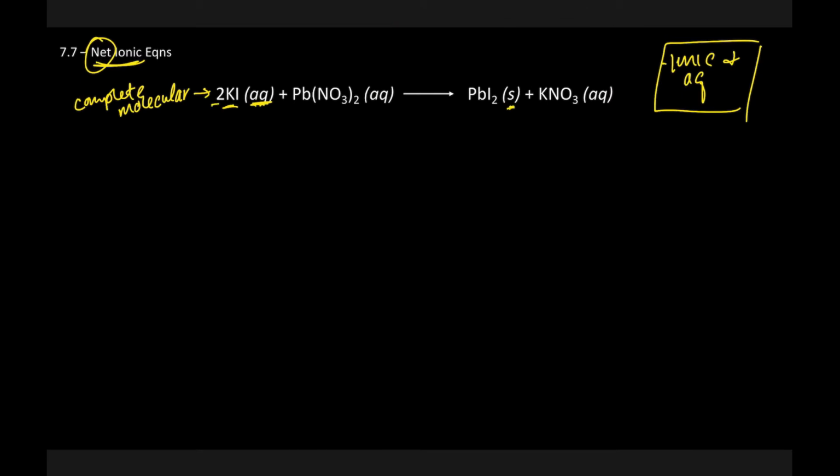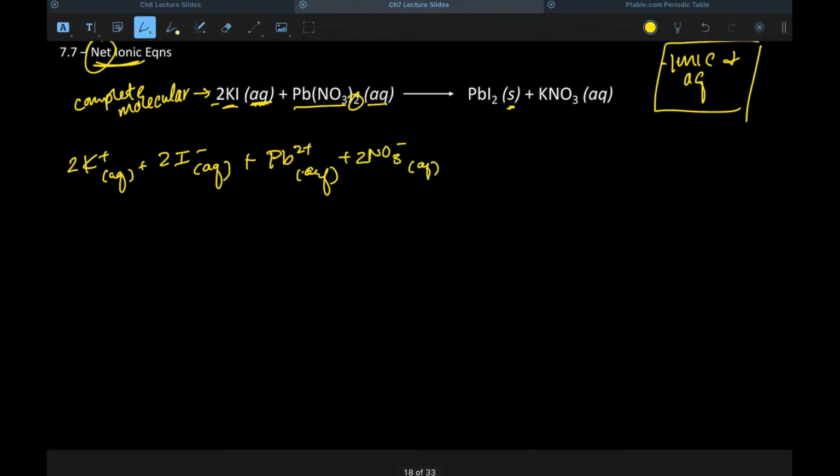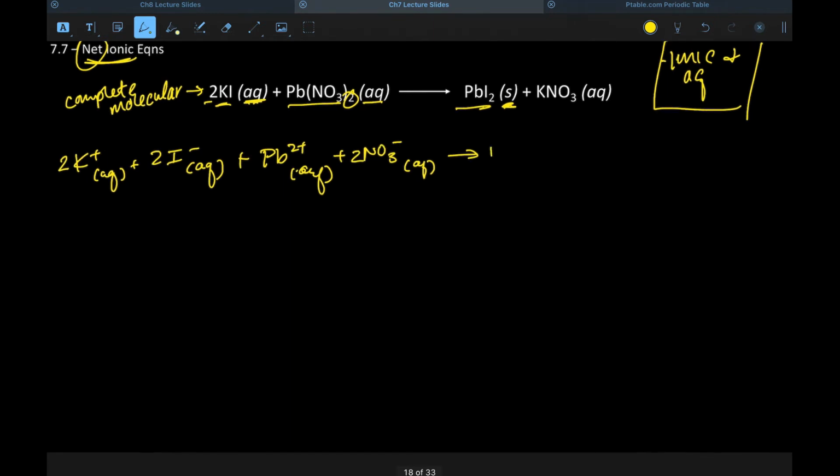If I have two KI, what that means is I have two K's and I have two I's. We also have this, which is ionic and aqueous, so we're going to dissociate that. So I have lead, and again, you could work backwards to figure out the charge based on the fact that there are two nitrates. We have two nitrates. Then on my product side, I have ionic but solid. It does not meet both criteria, therefore it does not get dissociated, and we'll just write this as it is.